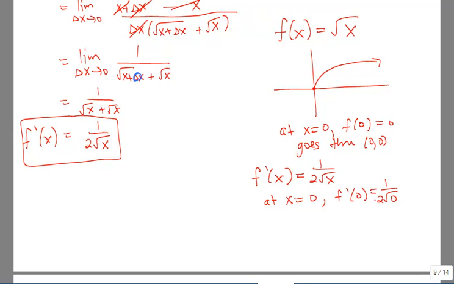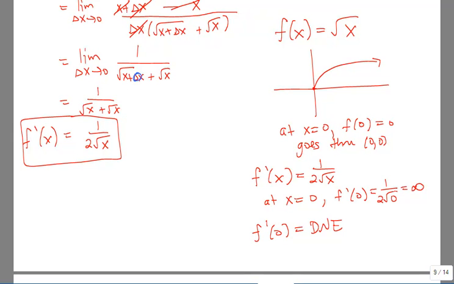And what happens when you take a fraction where the numerator is constant, and the denominator is getting smaller and smaller and smaller? What does the whole fraction do? Well, when you have 1 over something small, that gets big. So this is going to blow up and go to infinity. So this is an example where the derivative at 0 is DNE. It does not exist because it's blowing up to infinity.